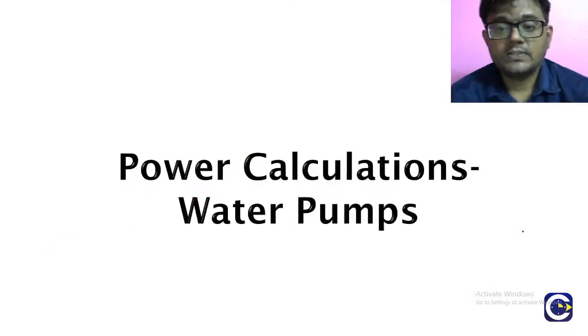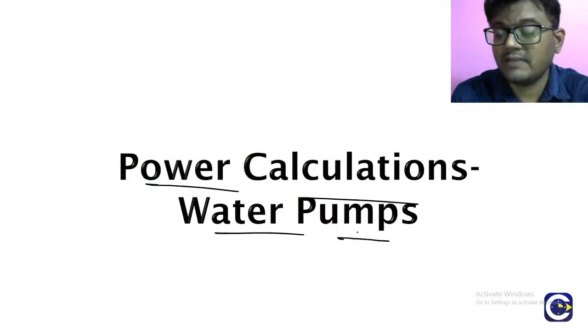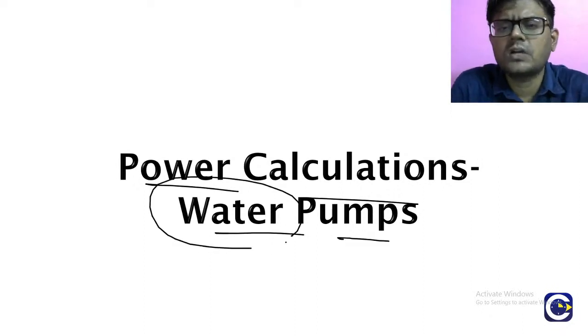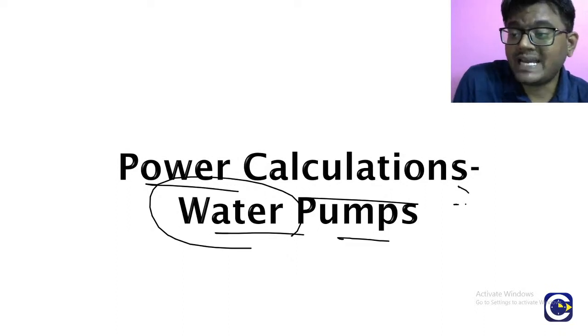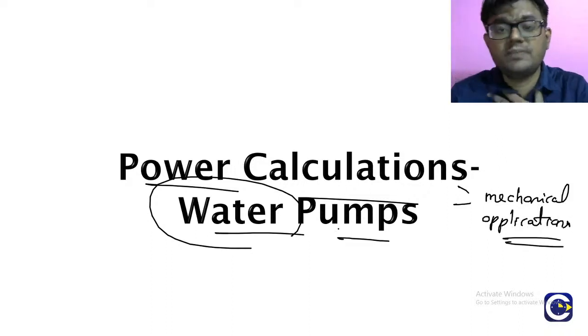Clear, guys? Now we'll go on to another segment, which is about water pumps. We have not got many questions on water pumps, but this is also related, because when we look at mechanical applications of power, the water pump is a very common example.